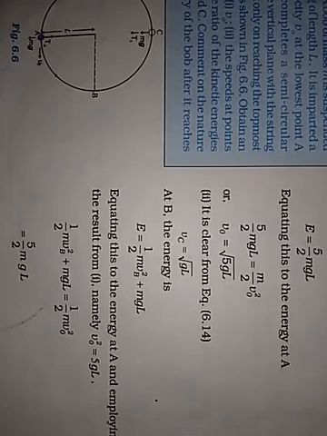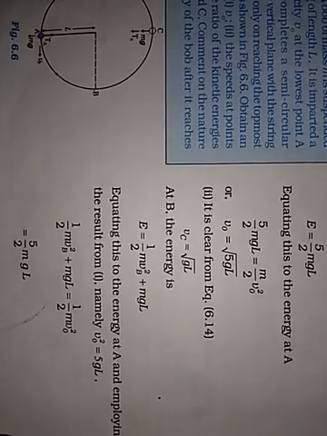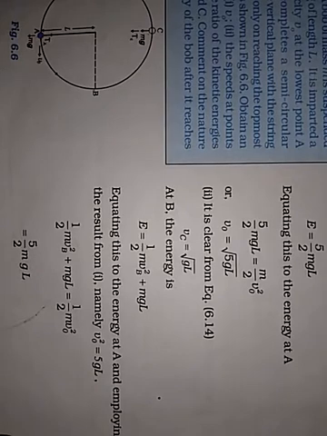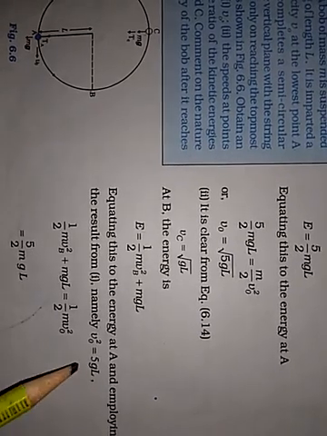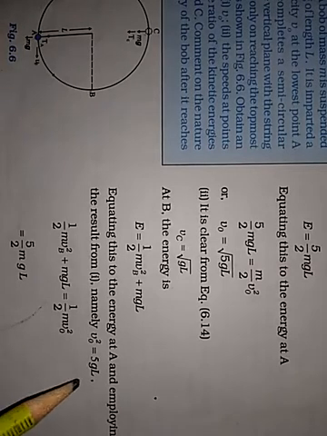Now what you do is, half v naught square. Now we have v naught square as 5gL. So we have 5gL. Now if we substitute this value, so you will be getting 5 by 2 mgL.